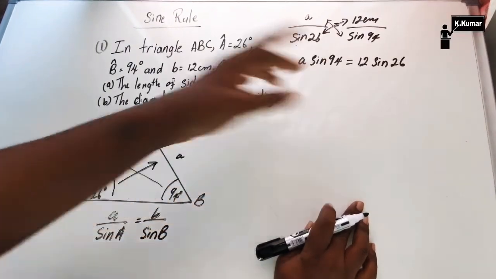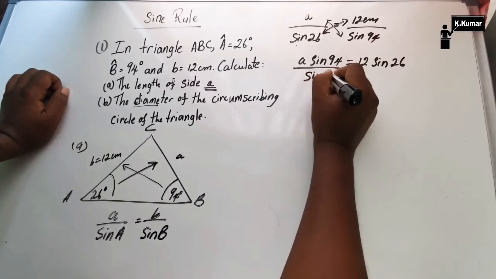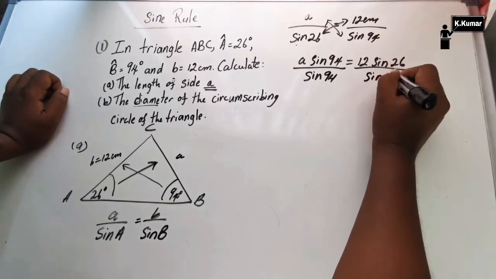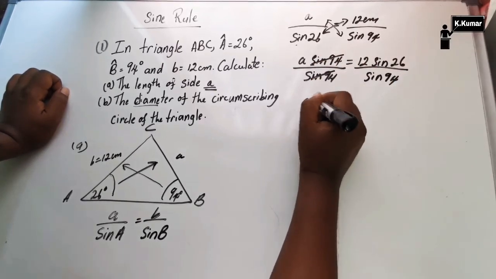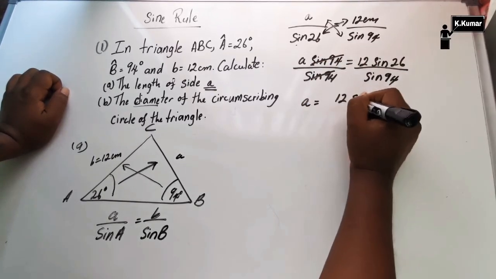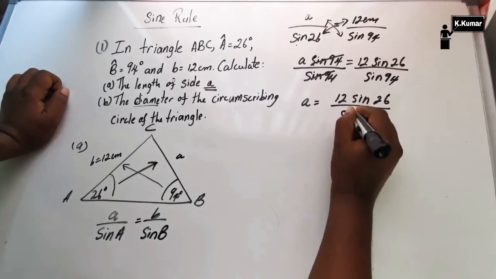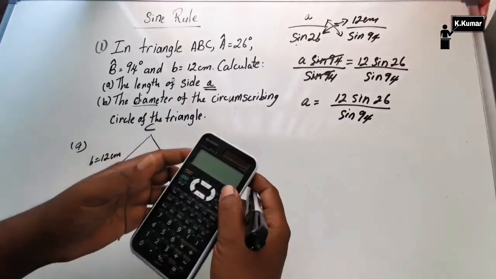These two are being multiplied, so in order to move the sine 94, we divide here by sine 94, and we do the same across here, sine 94, and then we cancel them out. So now A is equal to 12 sine 26 divided by sine 94.